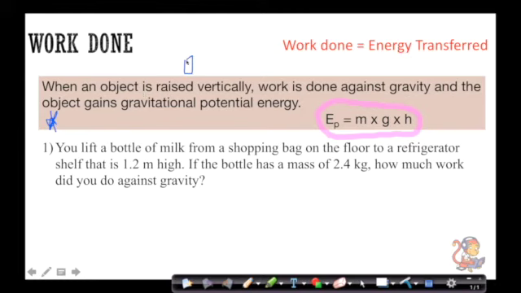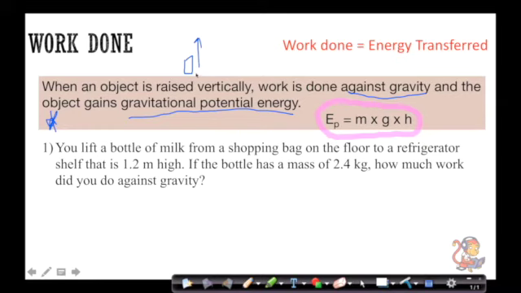So when you lift an object up, work is done against gravity and the object gains gravitational potential energy. So if you remember before, if we say work done is energy transferred, it's just like thinking about it as an energy transfer.